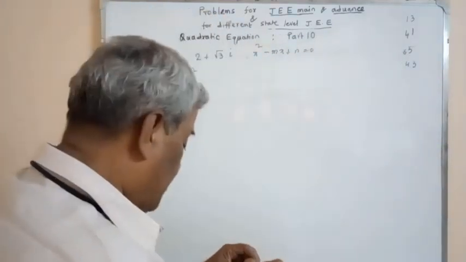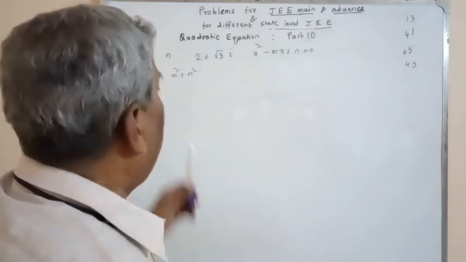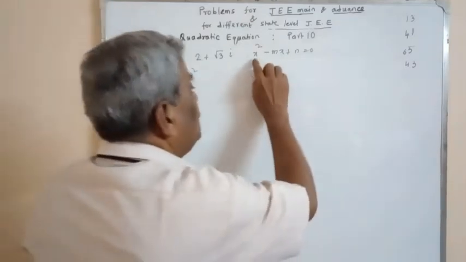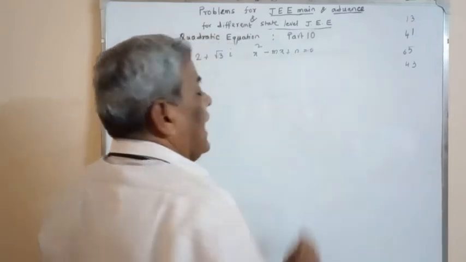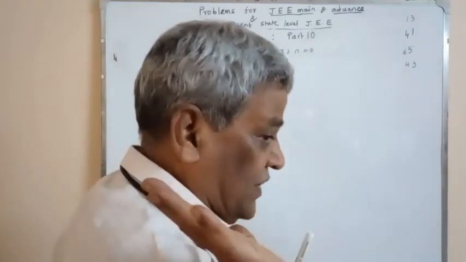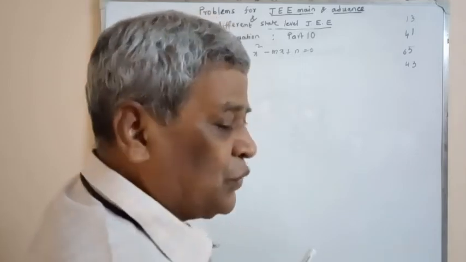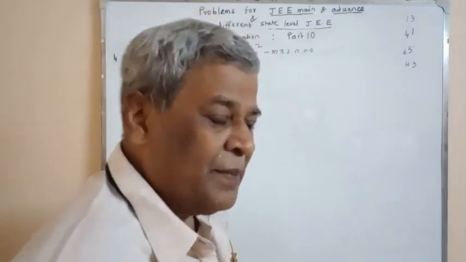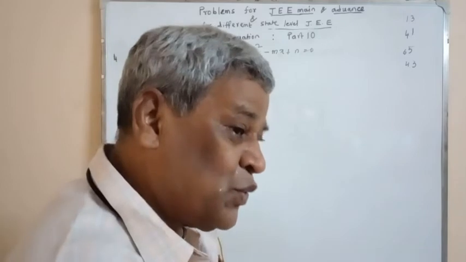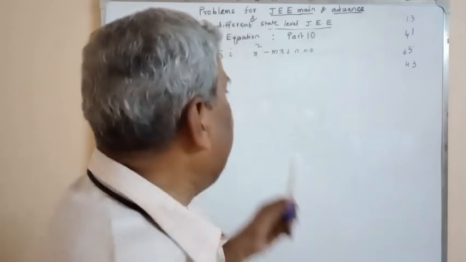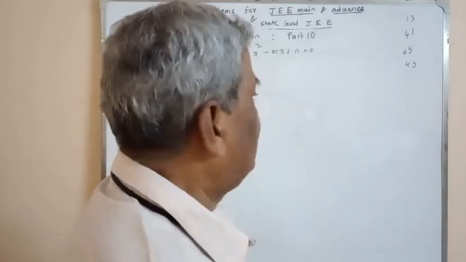Here m and n are real, so this equation has real coefficients. One root is this complex number 2 plus root 3i, so its other root must be its conjugate.